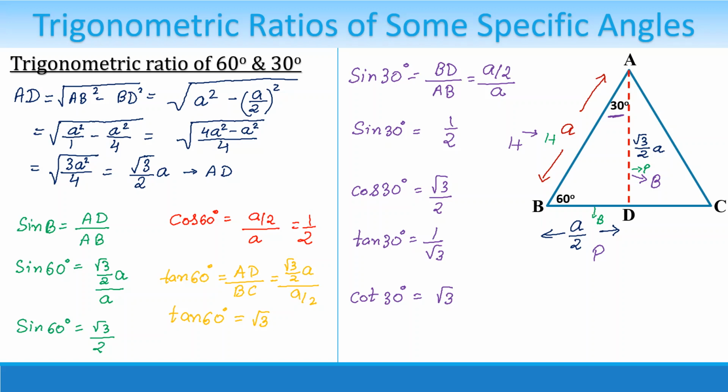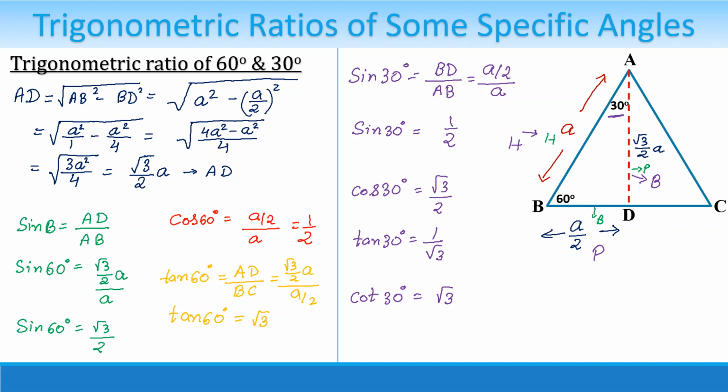Now if you can see your NCERT book, there is a table 8.1 in which the values of all the trigonometric ratios for 0°, 30°, 45°, 60° and 90° are given. In the next part, we will discuss how easily we can prepare that table.